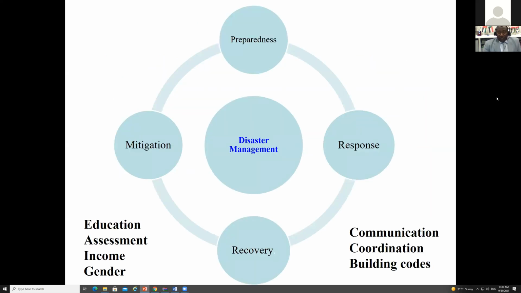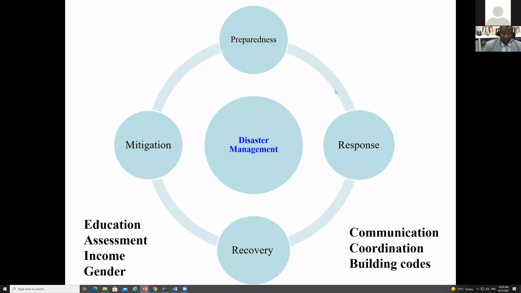The study in general falls within disaster management. Mainly, we have four phases for any disaster management. That means mitigation. In mitigation, we have to educate the people, for example, do not build near rivers, low areas, and so on. We have to understand socioeconomic indicators such as income, gender, preparedness, response, recovery.